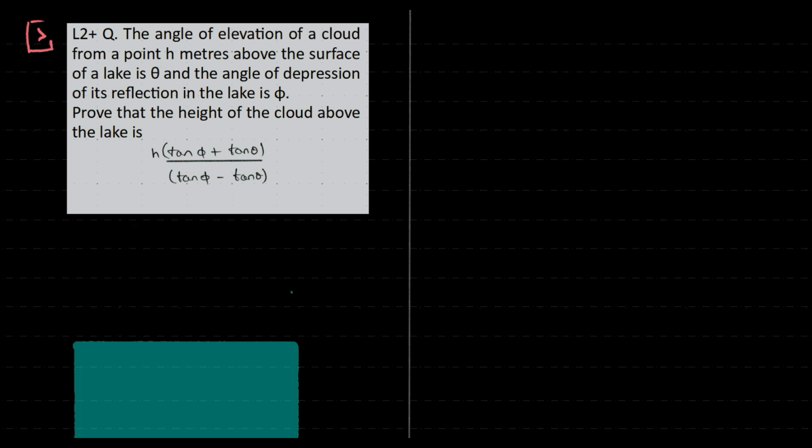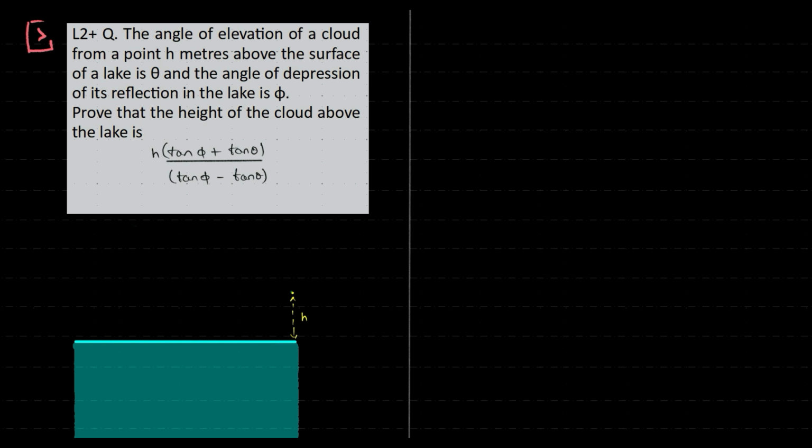Okay, so what are we looking at? We have a lake. So that lake is represented with the help of this. This is your lake, the surface of the lake. And we are at a height of h. This is where we have the point of observation.